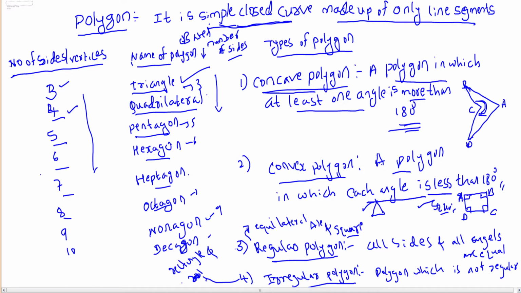Okay, next, a regular polygon. A regular polygon means all the sides and all the angles are equal.